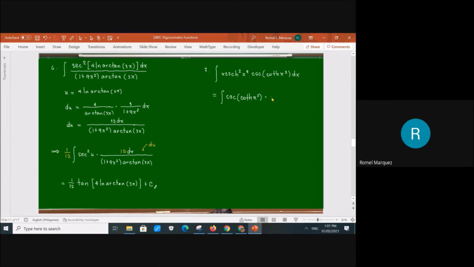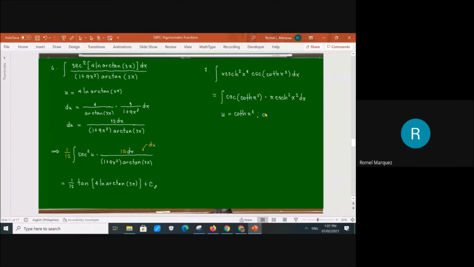So x, then hyperbolic cosecant squared x squared dx. My u here, I'll take as hyperbolic cotangent x squared.